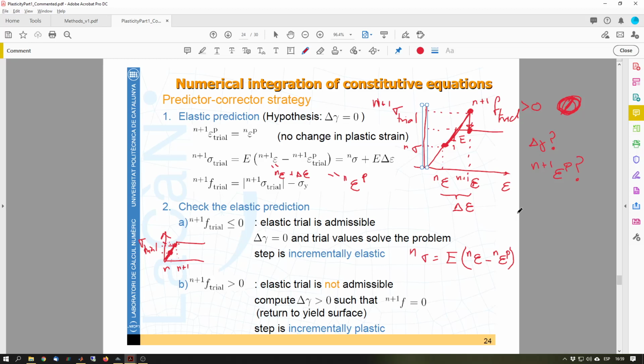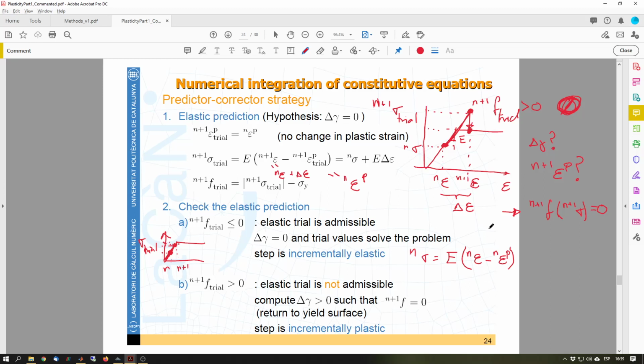How are we going to do that? My new F of sigma for my new stresses should be equal to 0, because the trial has gone beyond the admissibility domain, so we need to impose this condition, right?